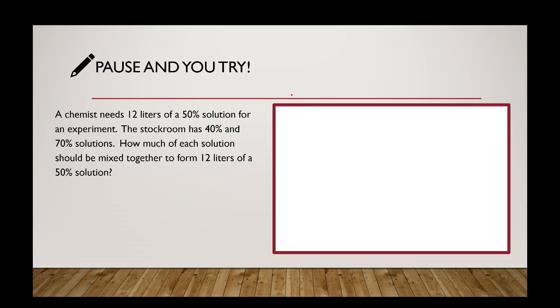The stock room has 40% and 70%. How much of each solution should be mixed together to form 12 liters of a 50% solution? So this is 40% and 70% to get you your 50% as desired. So he needs 12 liters of that.